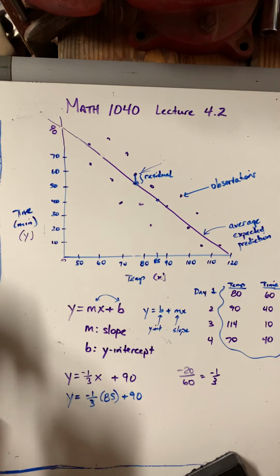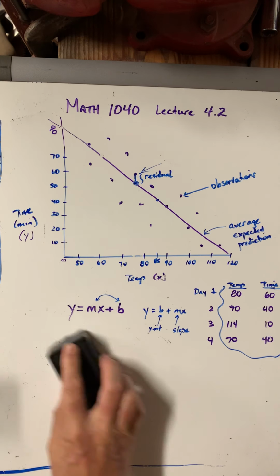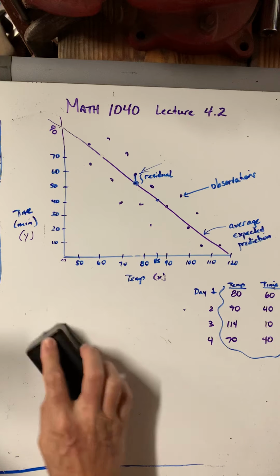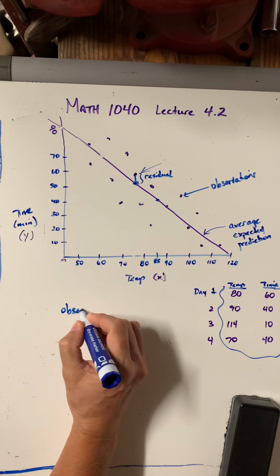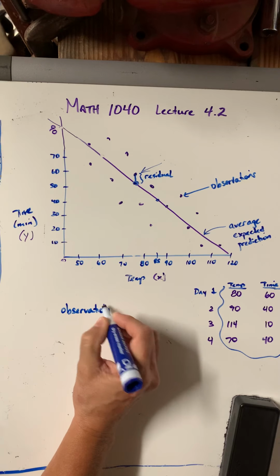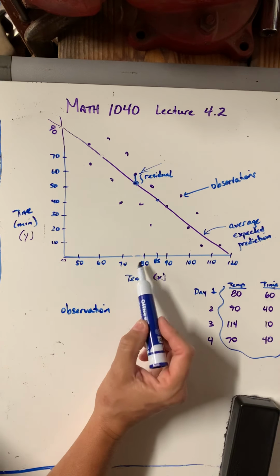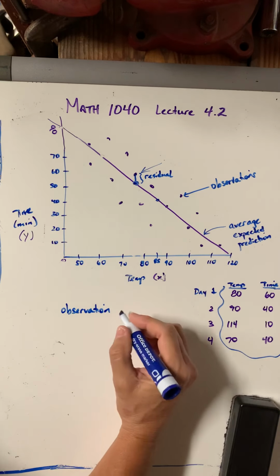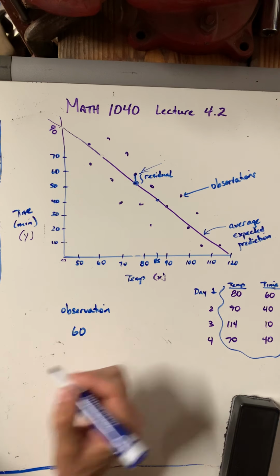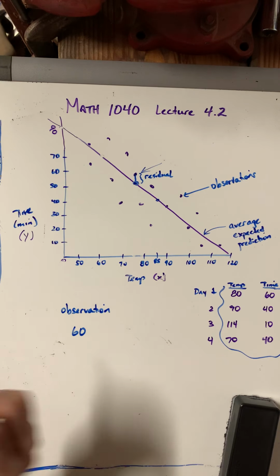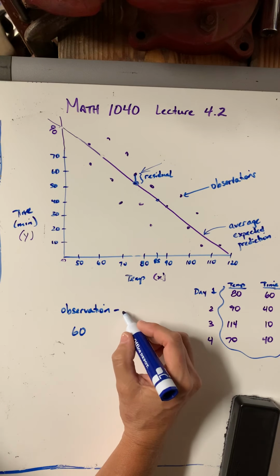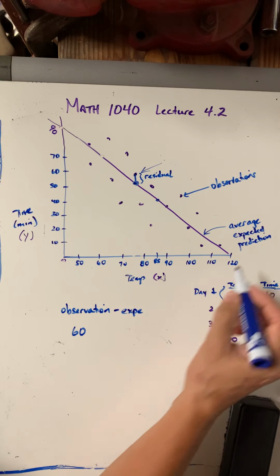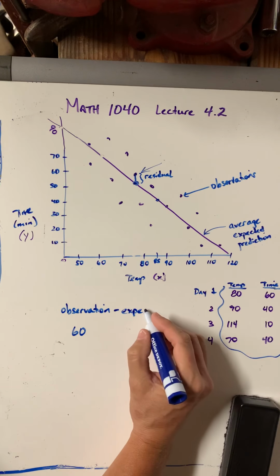And how do we calculate the residual? We simply take the observation, which in this case at 80 degrees was 60 minutes of walking time, minus the expected value, but again, they may use the word average or the predicted value.